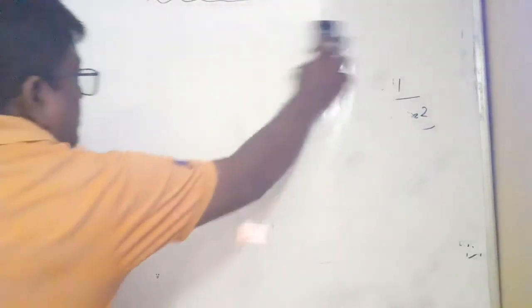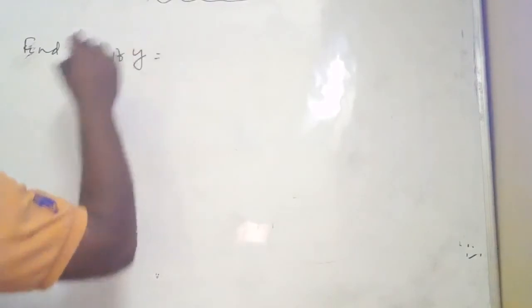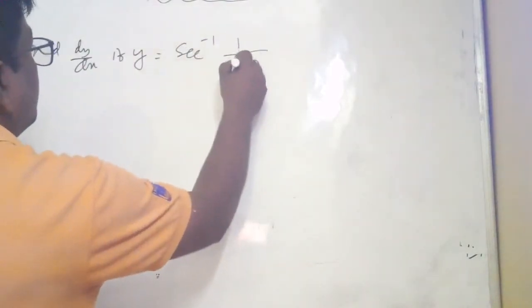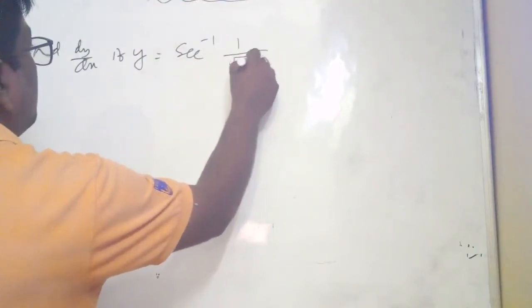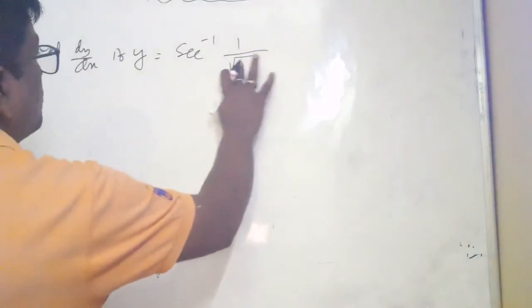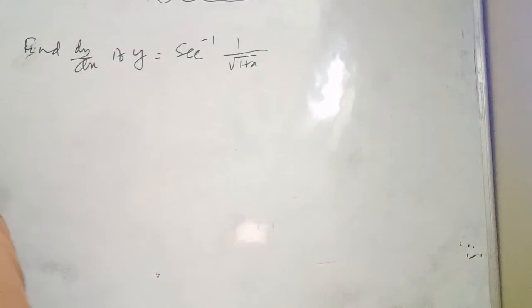Okay. And another question is d by dx of sec inverse x. Find dy by dx if y is equal to sec inverse of 1 by root over 1 minus x, root over 1 plus x.